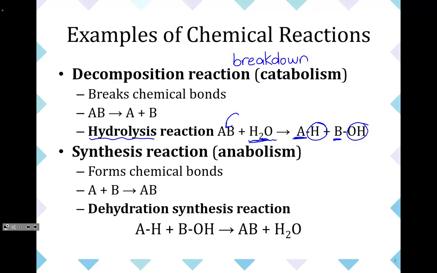In fact, we could draw this arrow going the reverse way. This is a reversible reaction. And so when we're going this way, it's decomposition, and when we're going this way, it's synthesis. And that's exactly how hydrolysis and dehydration synthesis are going to work.